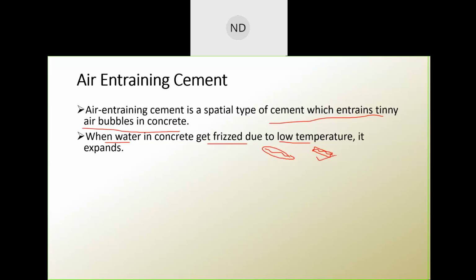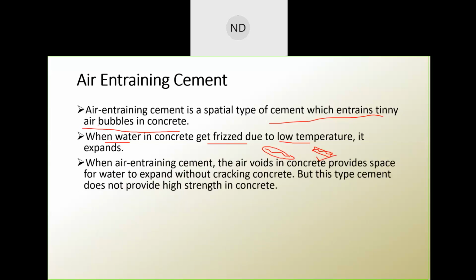So for that we have air bubbles. When air entraining cement is used, the air voids in the concrete provide space for water to expand without cracking the concrete. But this type of cement does not provide high strength in concrete.